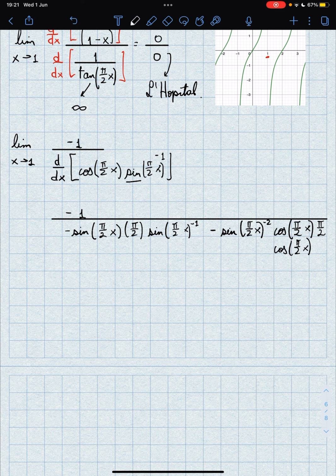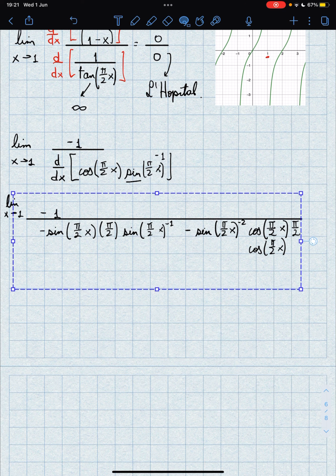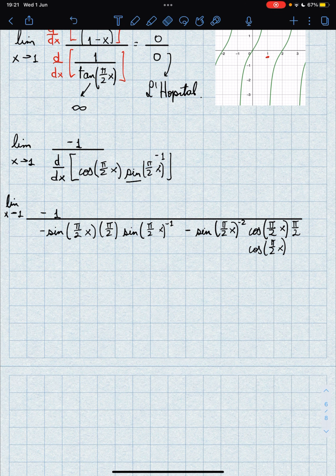Okay, guys, so this is going to be the limit when x goes to 1. And here I'm going to take this and have more space. I think it would be great. Let me delete this one. So this is going to be cosine of pi over 2x. Perfect, guys.